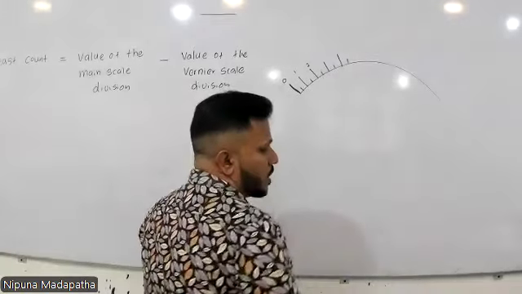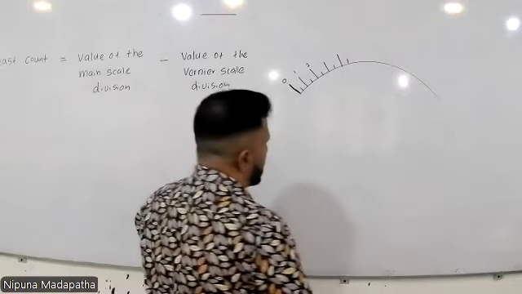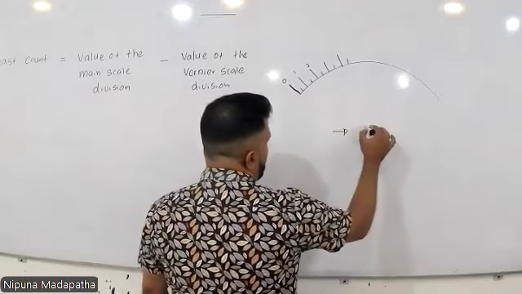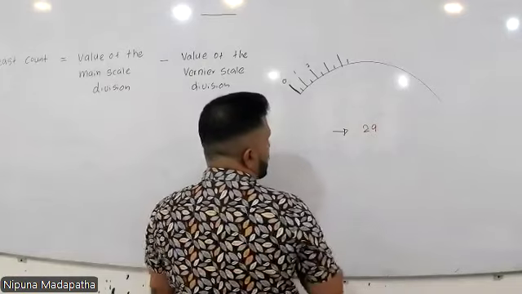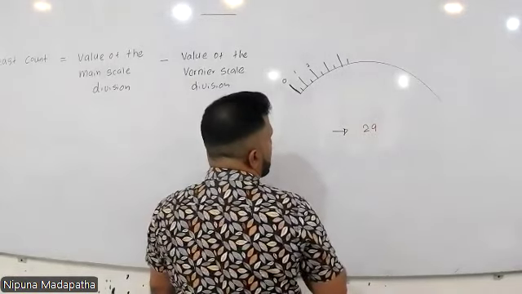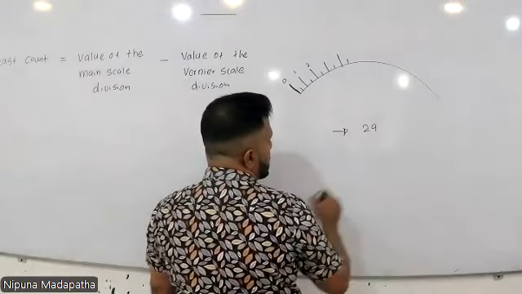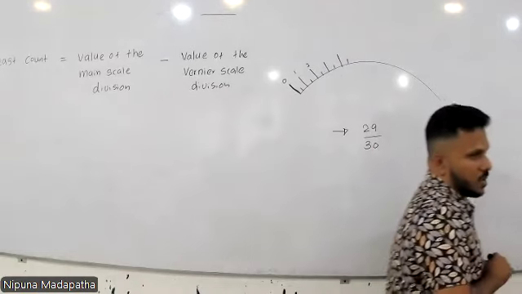And the vernier scale is constructed mostly so that 29 main scale divisions are divided into 30 vernier divisions.